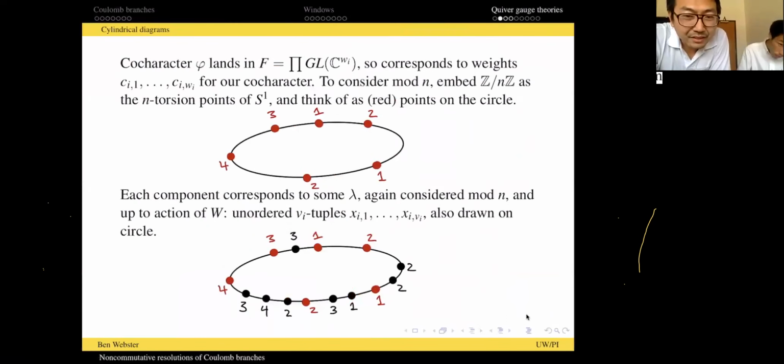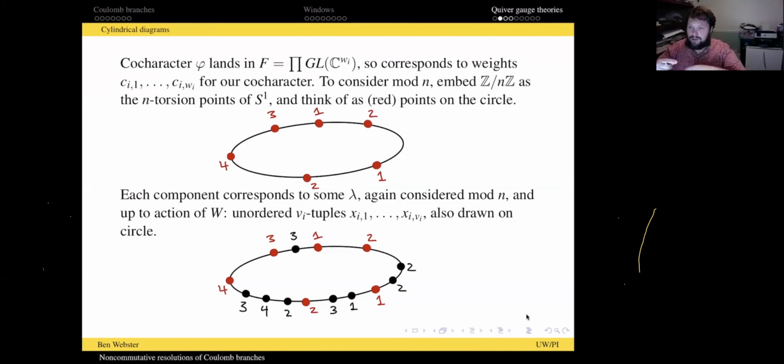Sorry, Ben. Can you say again what's the numbering on the red dots? Remember, I need to choose a co-character into GL of V_i. I'm going to look at that up to conjugation and scaling things by t to the n. So for that co-character, I end up with a bunch of integers, and I want to think of them as an unordered V_i-tuple.